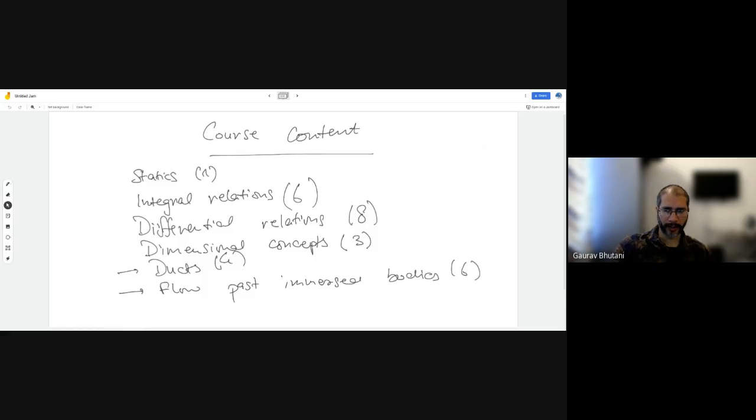Then we'll talk about something called potential flow theory. Okay, so the motivation of this theory comes from calculating the force aerodynamics, basically. So this was developed when people were calculating the forces on airfoils in the aeroplane wings.